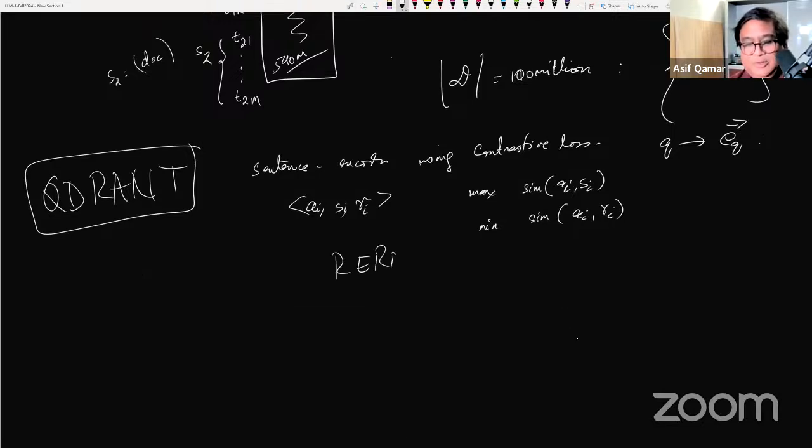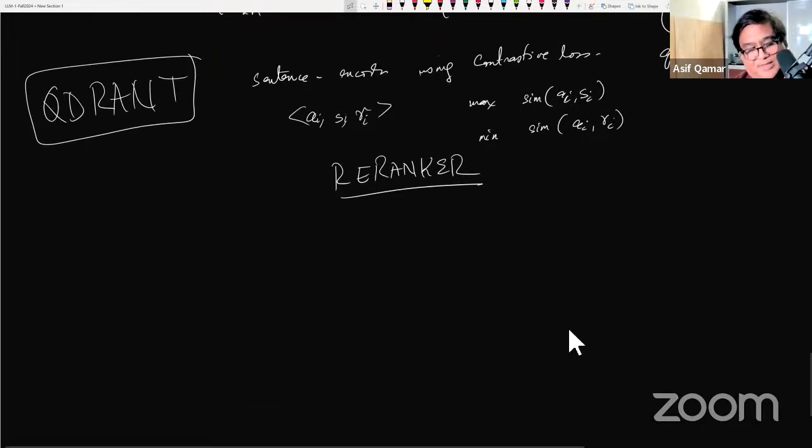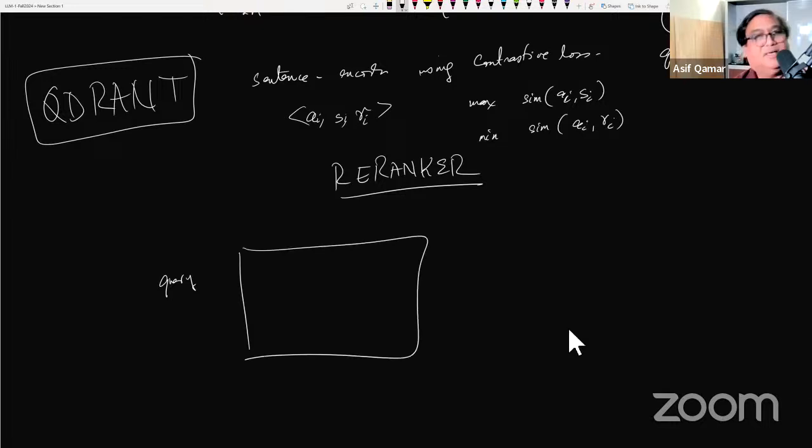even when you are doing only semantic search, not even doing hybrid search, just semantic search, what you could do is take a query and pass it through a vector DB search. So suppose you're looking for top 10 results.